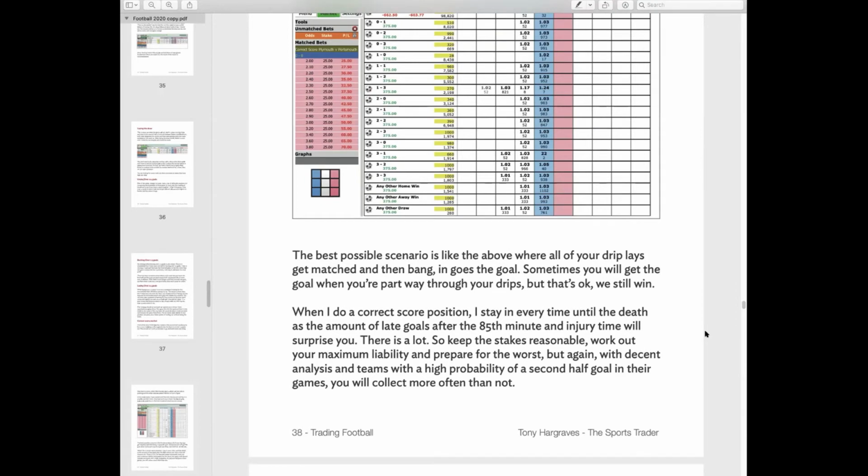Well, it depends, Darren. Darren's asked, is my first entry based on price or time? You've got to consider both, because you've got to consider how long's left. I'll often go and look at a goal, and I'll think, 87 minutes, there's going to be a goal here. And I'll go and have a look at the price, and it's 1.3. And I think that's ridiculously high when there's only 2 minutes left in the game.